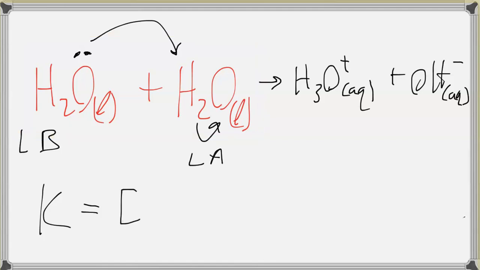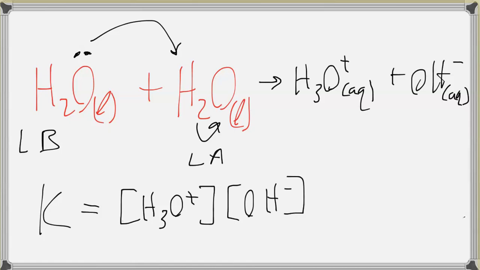And so the equilibrium constant for this is just H3O plus multiplied by OH minus. This is known as the Kw value, the equilibrium constant for the autoionization of water, and it always has a value of 1.00 times 10 to the minus 14th.